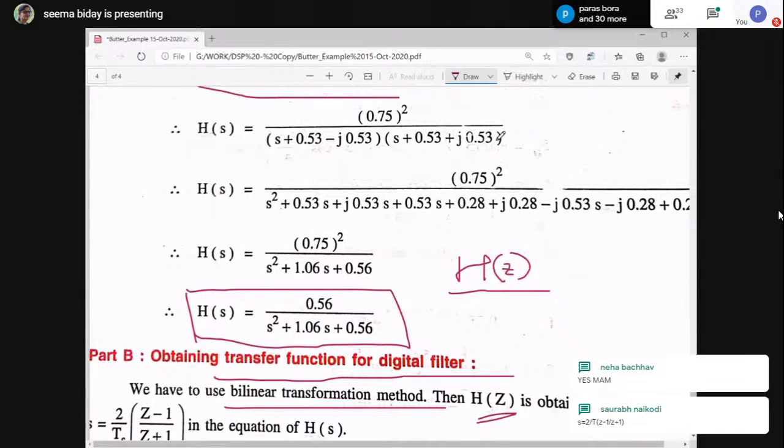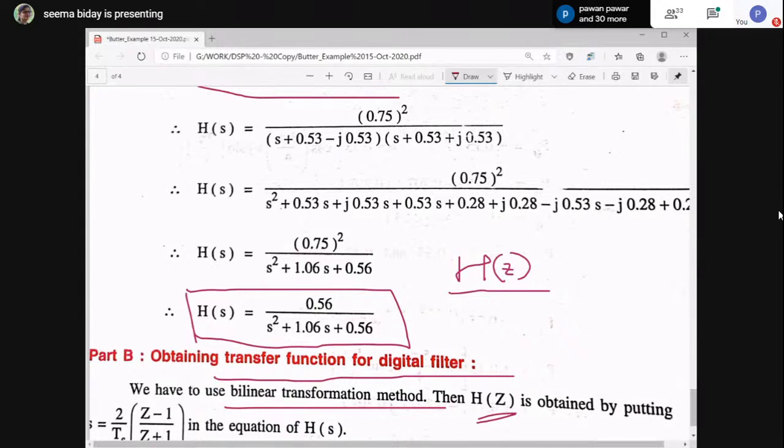Now you determine H of z. This is your job. Determine H of z and write it in the chat box. If simplification is possible, well and good. Otherwise, determine H of z.